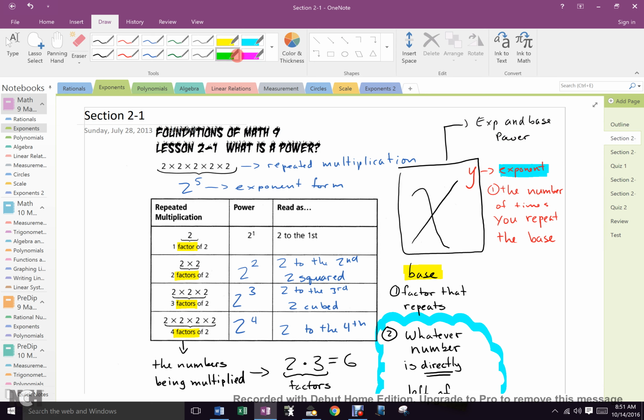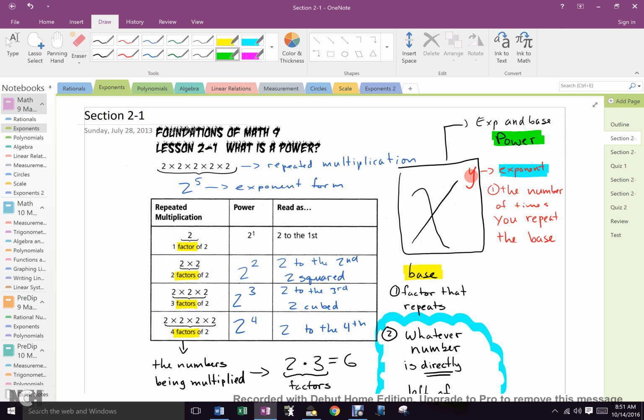Okay? It's the whole thing. Power is not written very well there. Power. We talk about just the exponent as being the power, but that's not right. The whole thing is a power. Everybody cool?